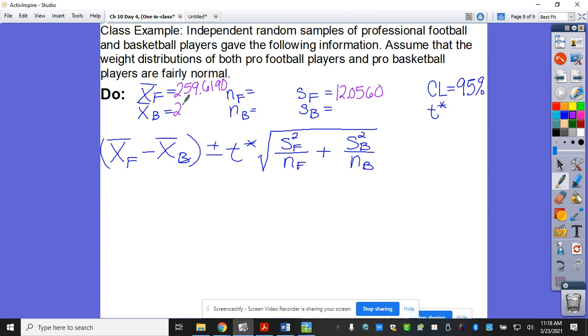My second X bar is 205.7895. My second S is 12.8995. My sample size for my football is 21. My sample size for basketball is 19.